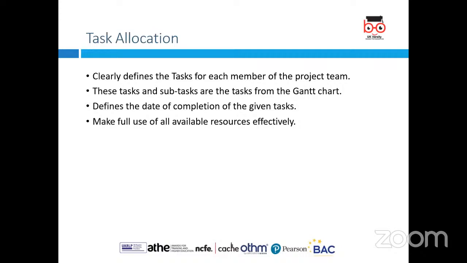Also, task allocation, where we clearly define the task for each member of the project team. The tasks and subtasks are the tasks from the Gantt chart. It also defines the date of completion for each given task, and you make effective use of available resources.